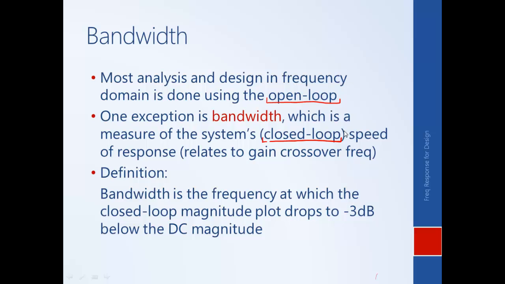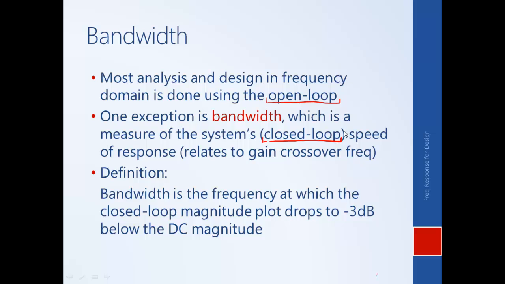Within control systems, generally the DC magnitude of a closed loop system will be 0 dBs. We put in some input, we want the output to match the input, so we want it to have a scaling of 1 or a magnitude of 0 decibels. In other situations, for example, looking at an amplifier or whatever, it's not necessarily desired that the magnitude be 0 dBs.